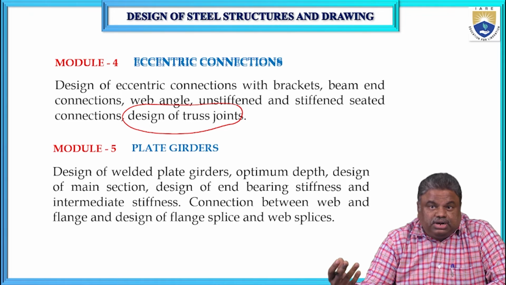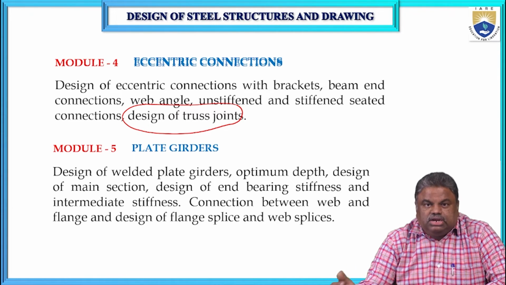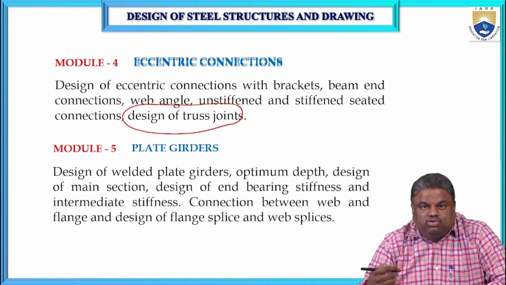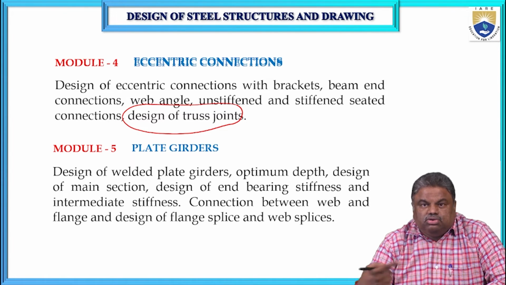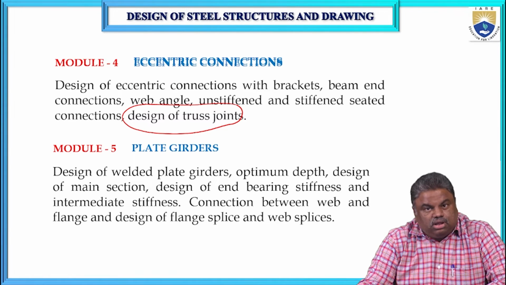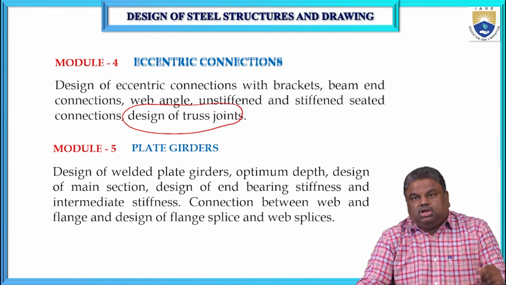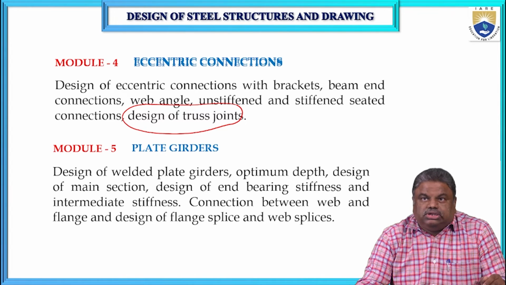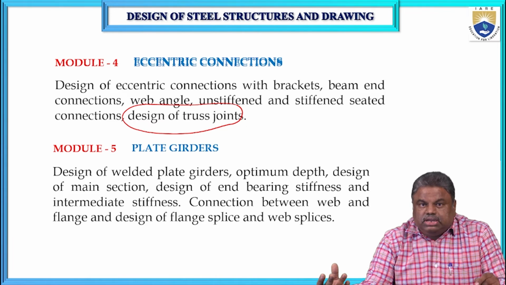So design of plate girders, that's what I told you in the previous slides. Generally we use plate girders for larger spans, that is 20 meters, 30 meters, 40 meters. Especially if you see bridges, we have very, very big girders.